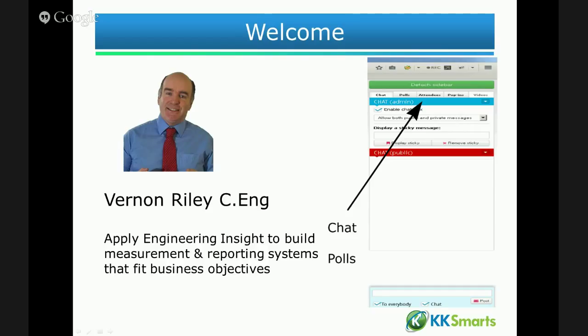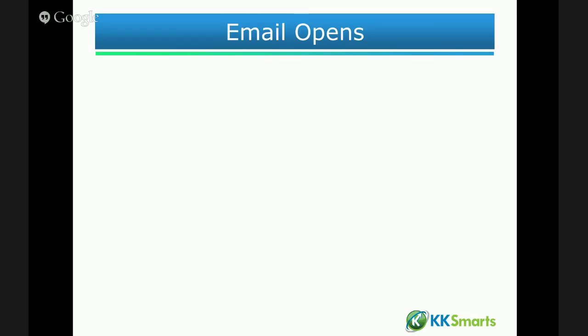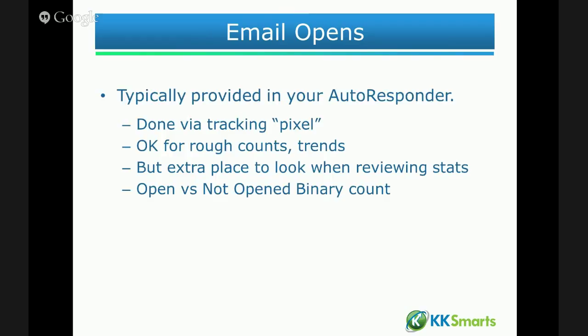Okay, so let's look at email opens. This is a fairly easy to understand situation. You'll send out emails through a CRM system or an autoresponder. Most, if not all of those, will allow you to do some tracking. They'll tell you how many of your emails have been opened.